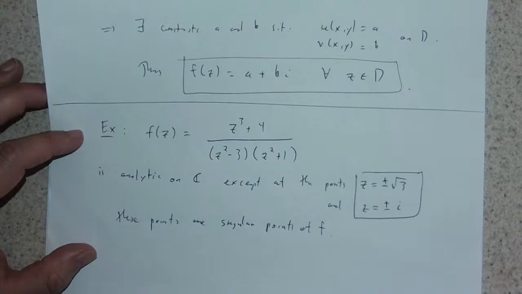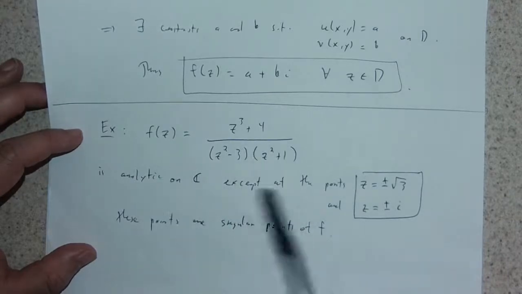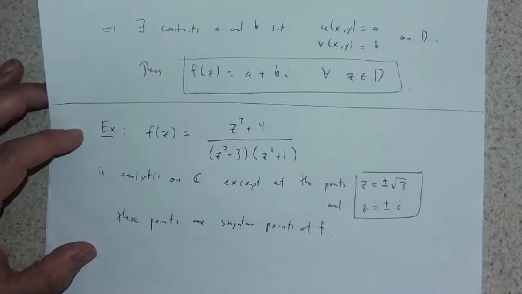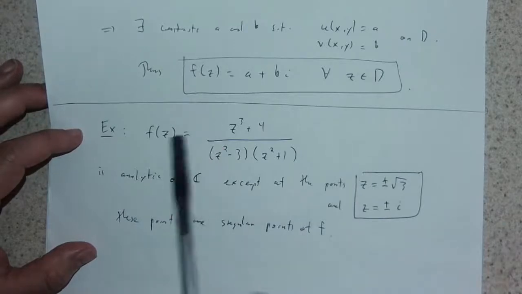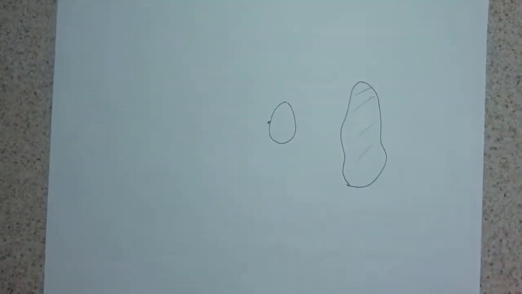That's all you have to say to say that this is analytic everywhere except these points. Now, if you actually wanted to compute its derivative somewhere, then you would need to actually apply the quotient rule. Since you actually want to know what f prime of z is for some z, you would apply the quotient rule and find the formula for that thing.